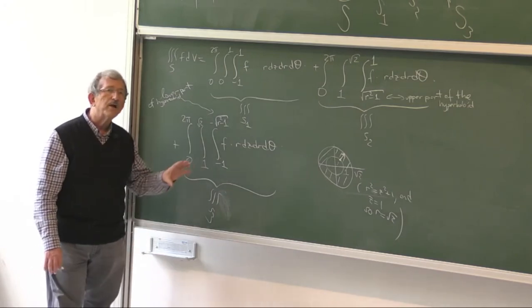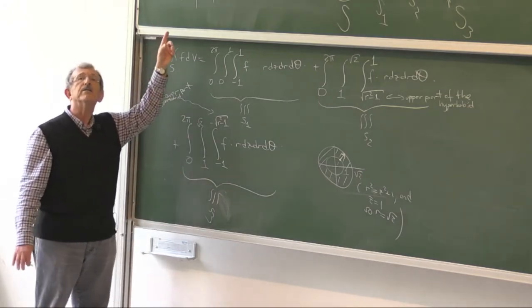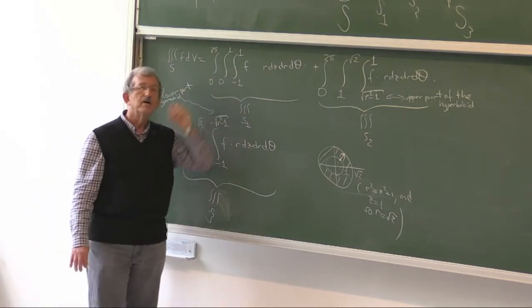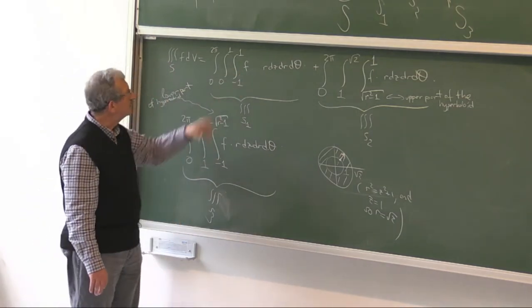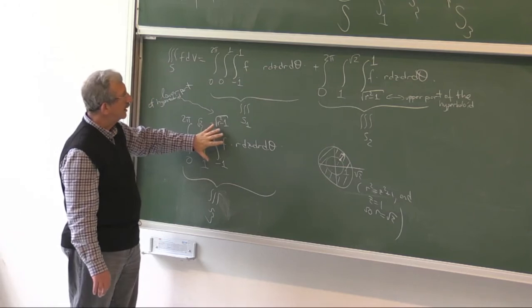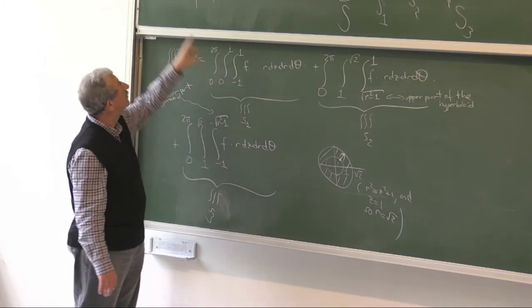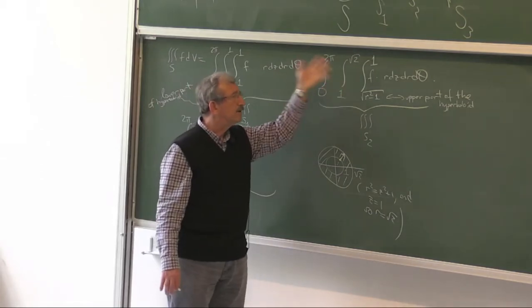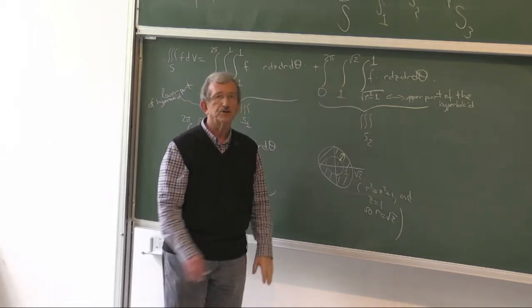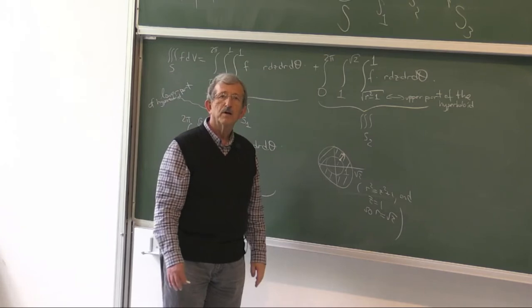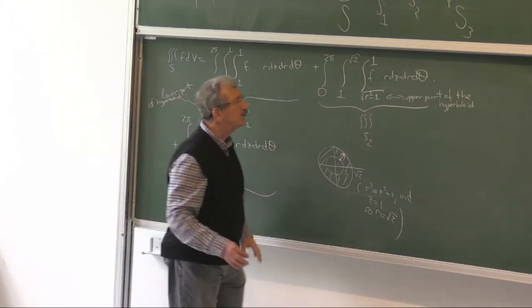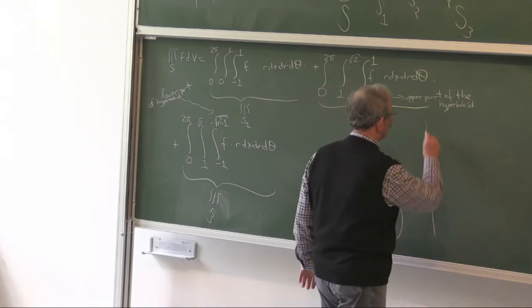We are not calculating the volume of S here. Remember, we have an F in the integral. So maybe F is 0 in the lower part, but in the upper part, well, it is 2. Such F's exist. So then, symmetry does not come into the picture at all.